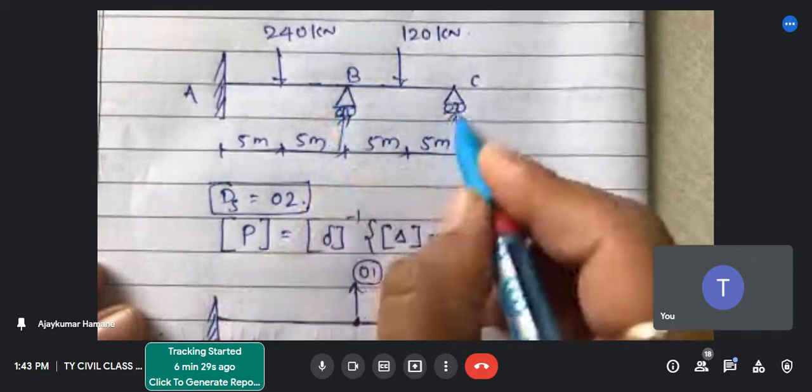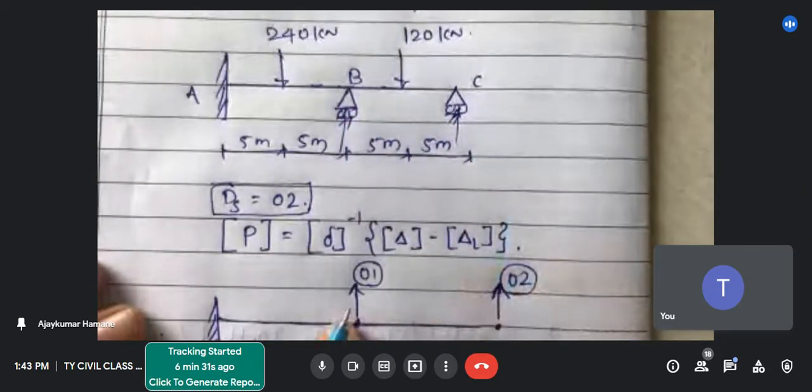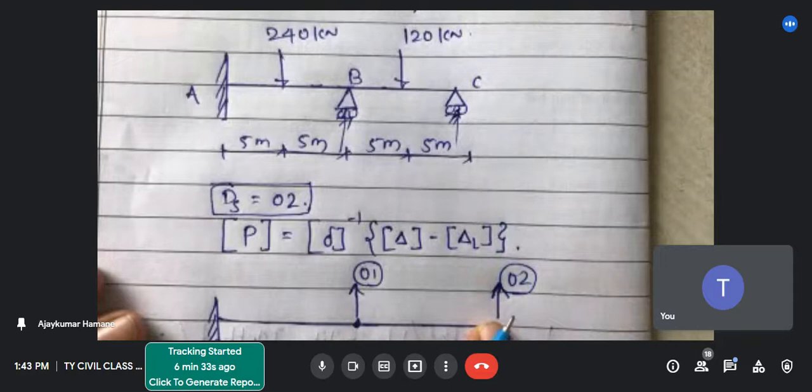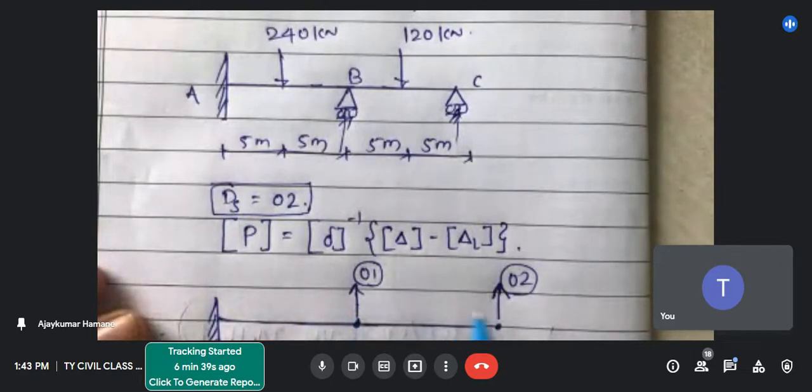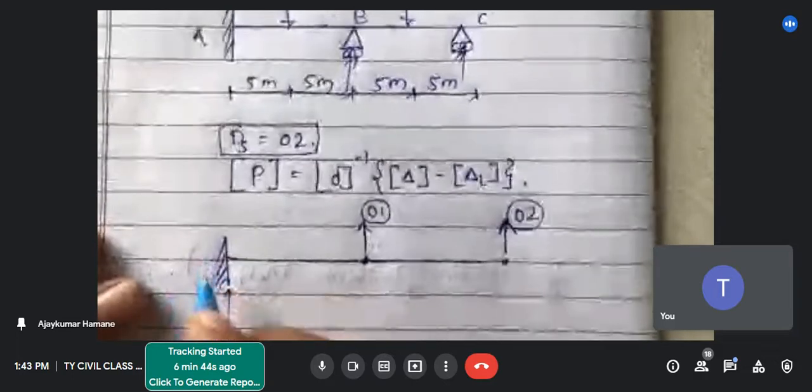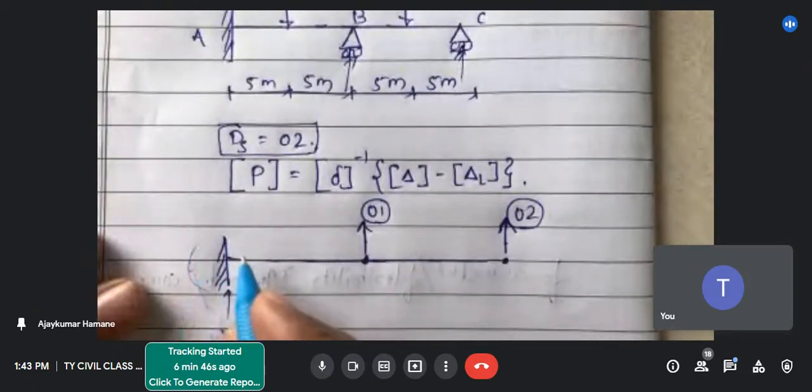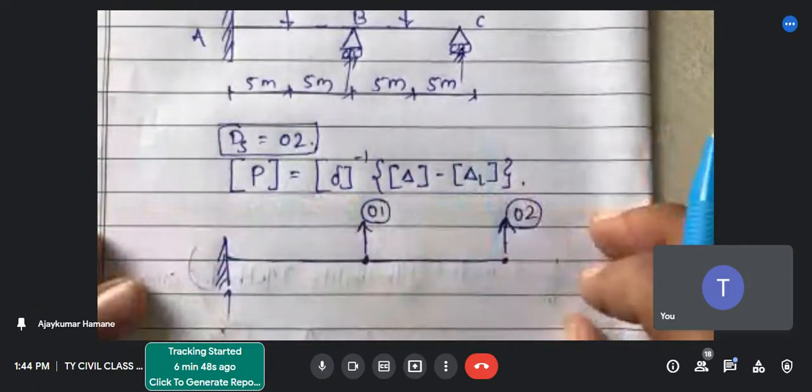Now the reaction as a coordinate I have taken, and I have released the structure. That means we have two equilibrium equations. If we know these two forces, we have only one vertical and the moment, and by using the equilibrium method we can analyze this beam.